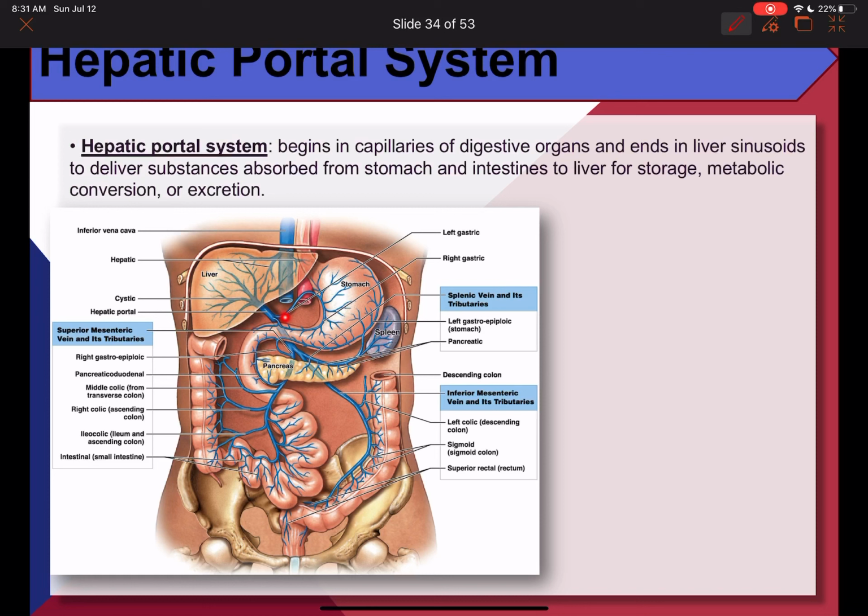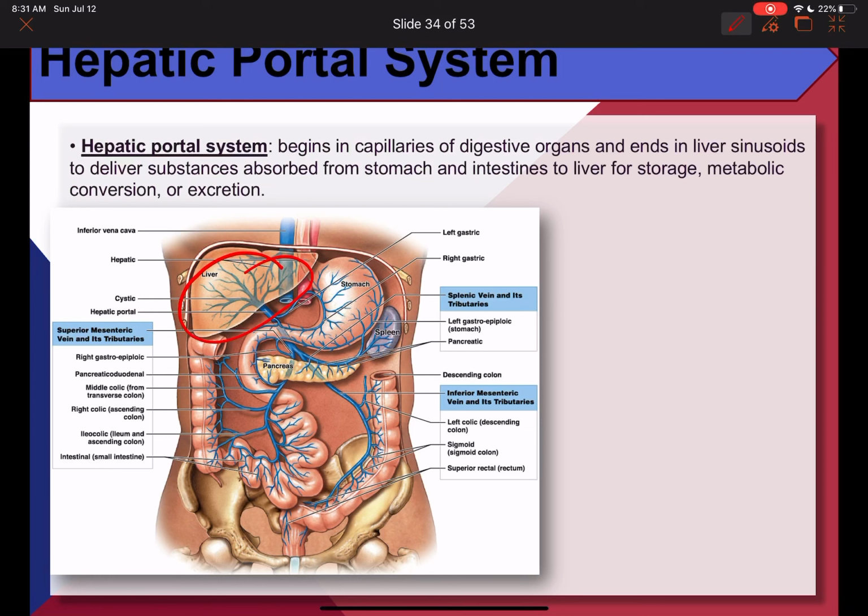You see these veins here all have to drain back to the liver first before they can head back into the venous circulation towards the heart via the inferior vena cava. So this is why we have all these capillary networks around the digestive organs that all lead to the liver's capillary network. So if there are things that need to be stored or need metabolic conversion or need excretion, they will be processed through the liver.